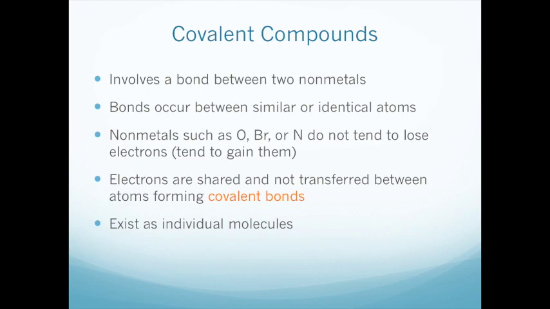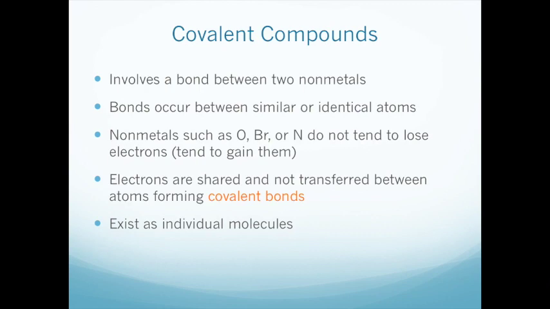Another thing about nonmetals is they tend to gain electrons rather than losing them. This is because gaining electrons is the easier route towards gaining a noble gas electron configuration, whereas metals, as we learned last time, lose electrons to go down to the nearest noble gas electron configuration.